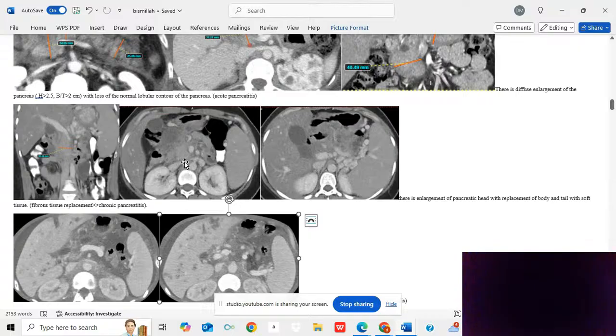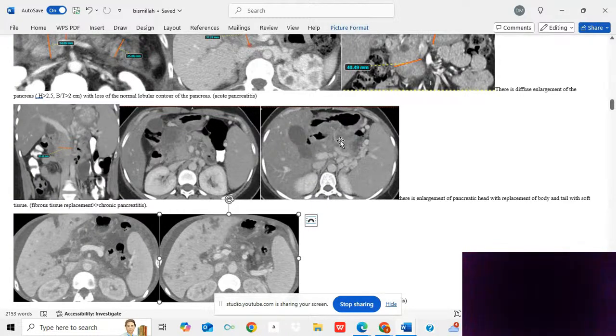In this case, there is only enlargement of the pancreatic head with replacement of the body and tail with soft tissue. So if you try to find the pancreas, you will find only the pancreatic head, which is enlarged, with loss of the body and tail, which are replaced by fibrous tissue.